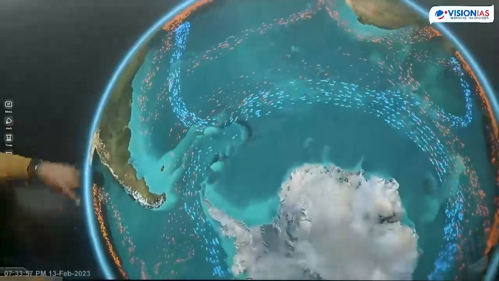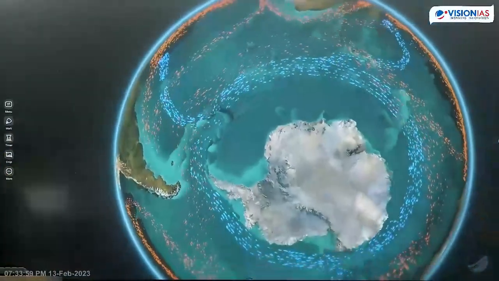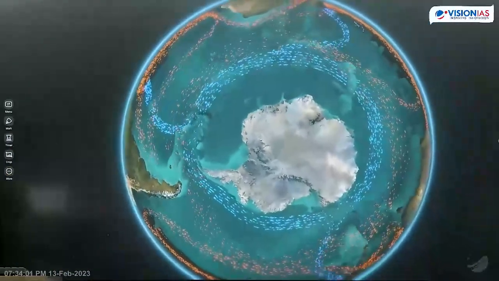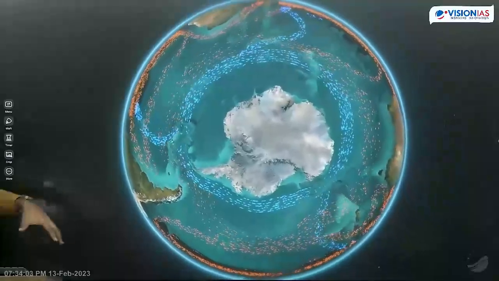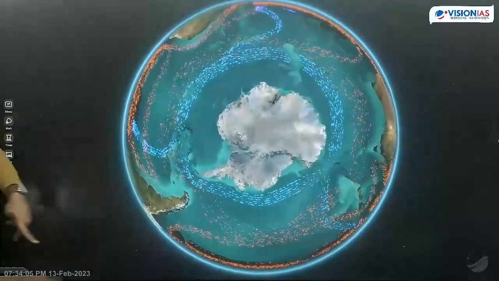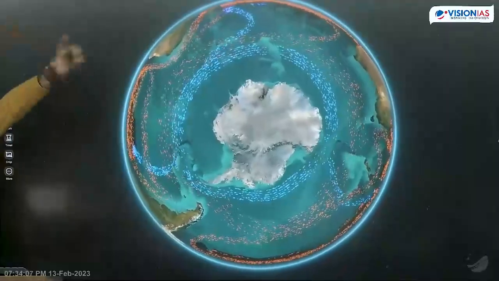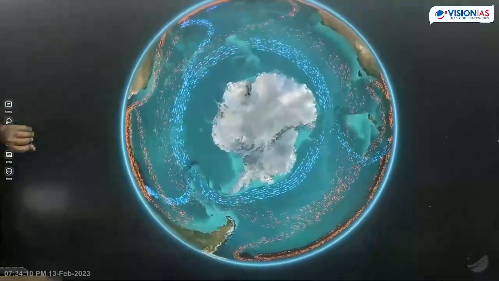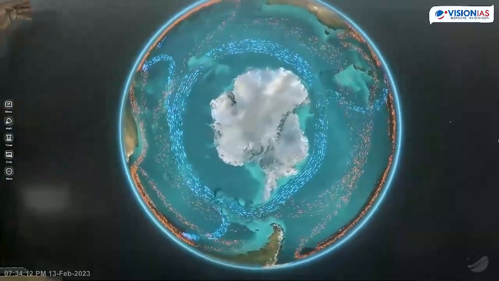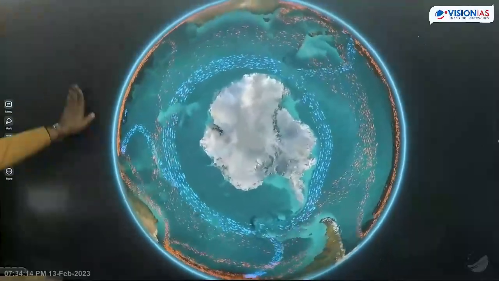Around Antarctica there is also a part of the thermohaline circulation, and it has different branches. One part of it moves towards the Indian Ocean, another part moves towards the Pacific Ocean. And there it joins the downwelling somewhere else. Going there, somewhere there will be upwelling.